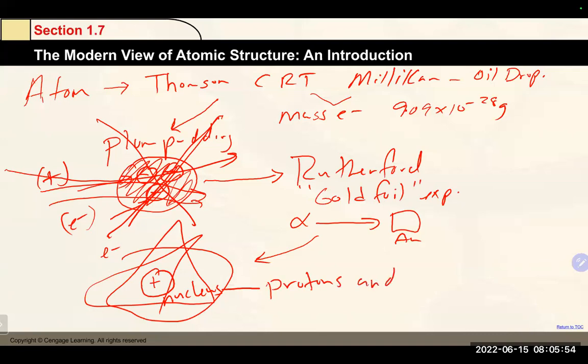As we saw through later experiments, neutrons are the heaviest of all three particles, protons, electrons, and neutrons, with protons very close in mass to a neutron. Each of those, a proton and neutron, is about 1,800 times heavier than an electron. So it makes sense that the nucleus, where they are found, is most of the mass of the atom.